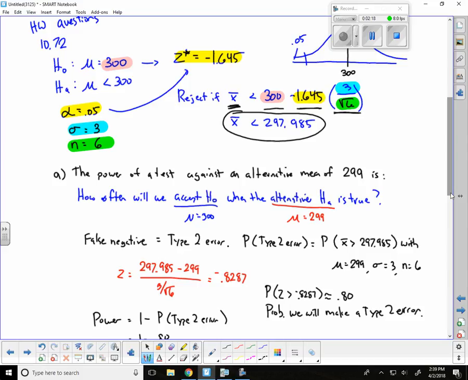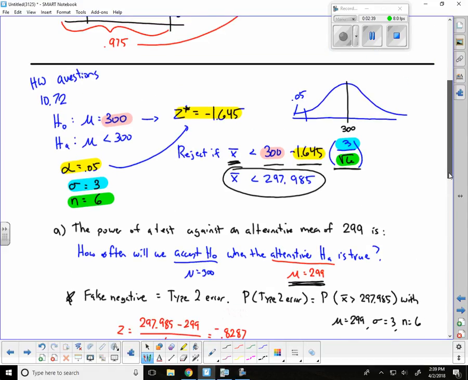Now, if we accept H naught when that's false, we're committing a type 2 error there. There's a real difference right here. The mean is 299, but we're missing it. We're getting a false negative. Remember, a false negative is when we have a real difference, but we don't catch it. So that's a type 2 error.